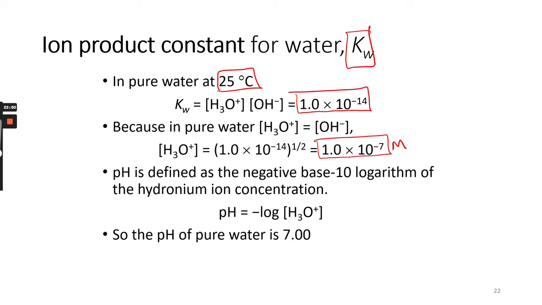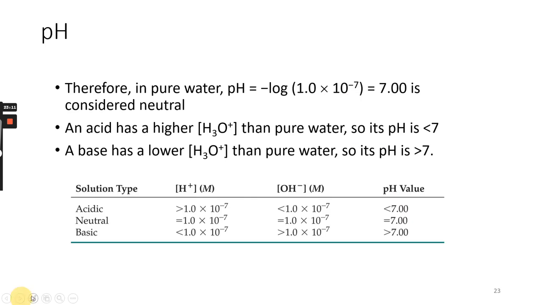If we wanted to calculate the pH, you just take the negative log of the concentration of your hydronium. Why the negative log? If I took the log of this, I'd get a negative 7, and then you take the negative to make it a positive number. Therefore, in pure water, the pH is 7, and we know that is called neutral, right?